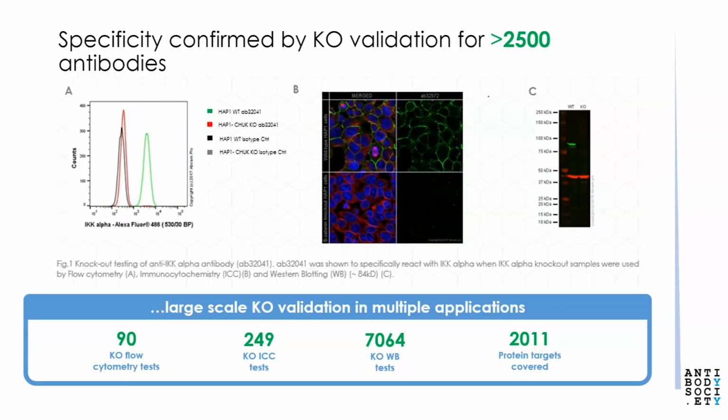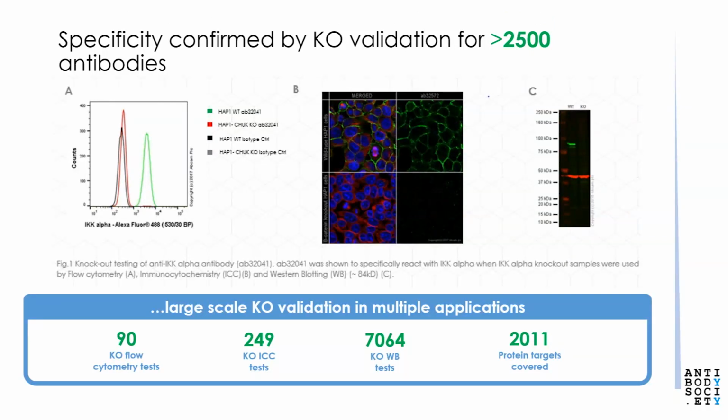Some antibodies will work, but are more suitable for flow cytometry, ICC, or IHC. And we have tried to test these antibodies in the knockout models in the particular application where it's more relevant for them. In this case, we are showing flow cytometry with the wild type and knockout, as well as ICC wild type and knockout, as I had already shown Western blot.